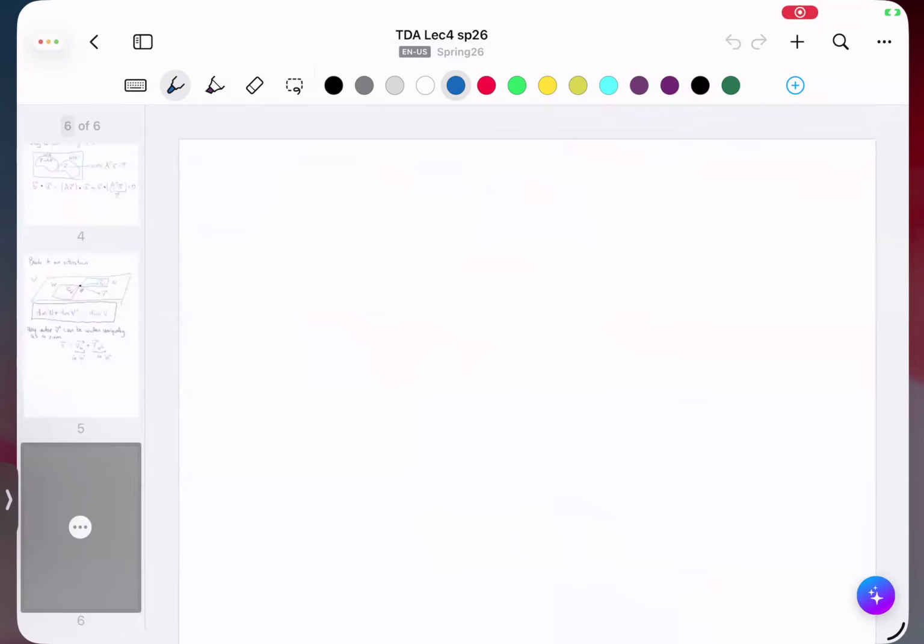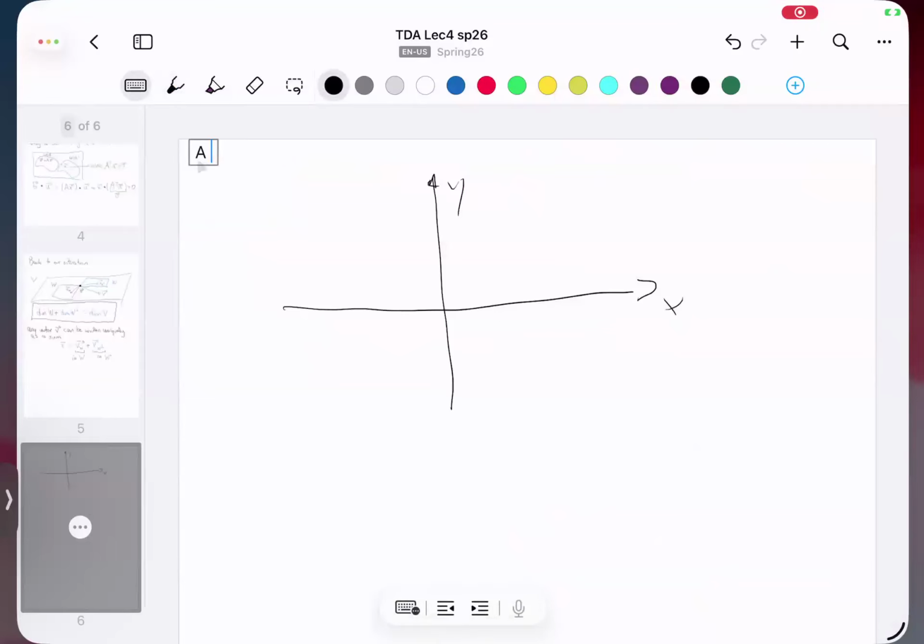Let's say that you have the interval, I'll make it symmetric for my purposes. I'll just do it from -pi to pi.